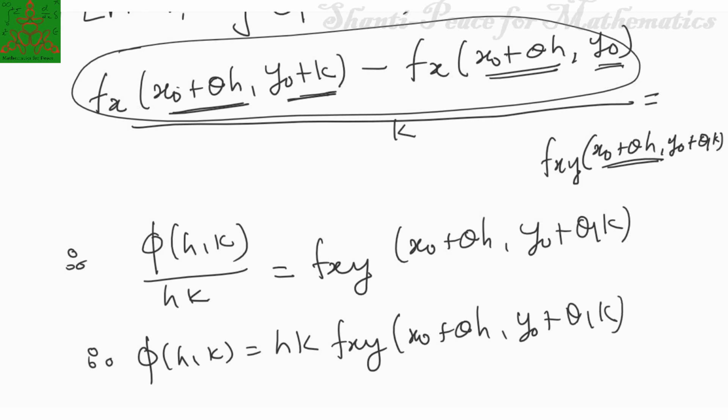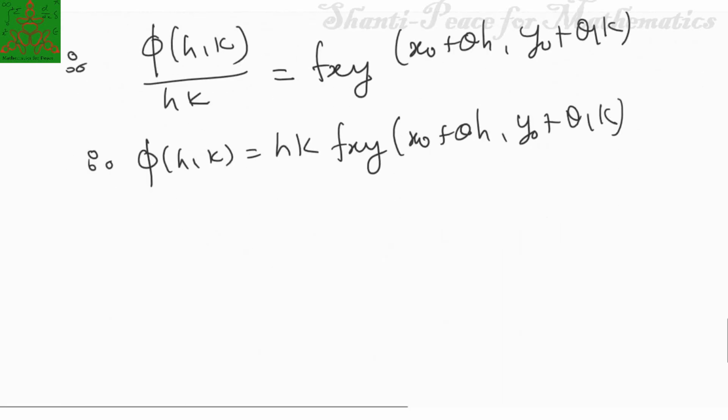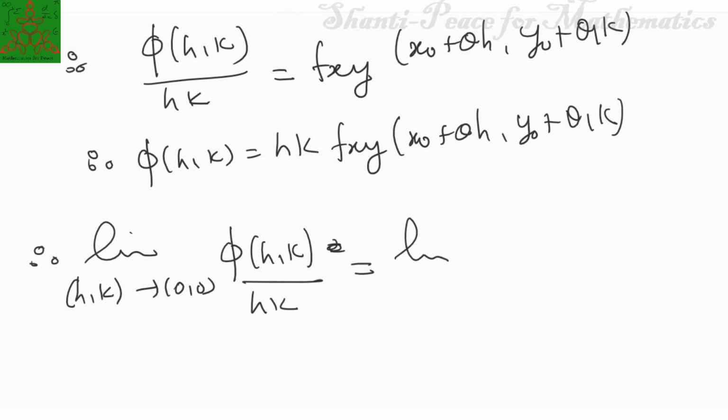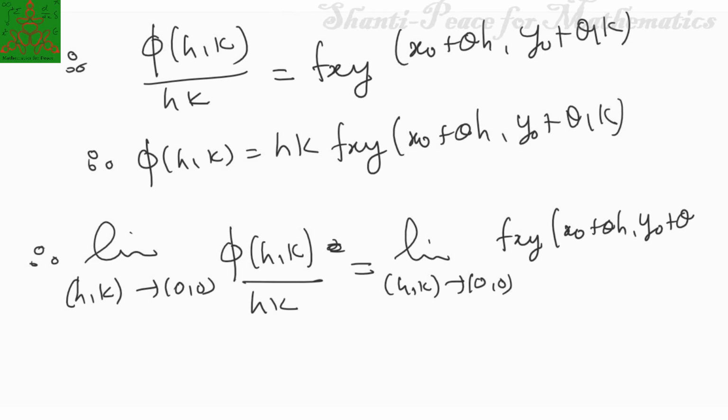And if I apply the limit on both sides with (h, k) tends to 0, we have the limit of phi(h, k)/(hk) on this side, and on this side the limit as (h, k) tends to 0 of fxy(x0 + theta h, y0 + theta1 k).